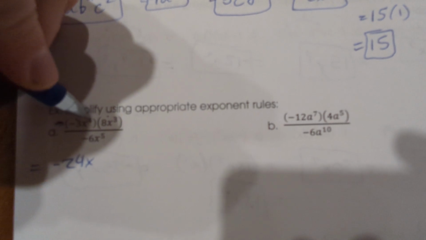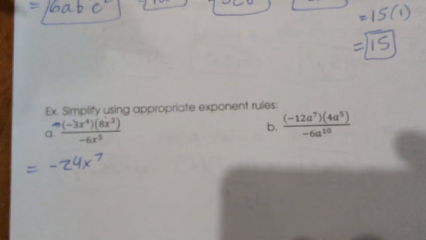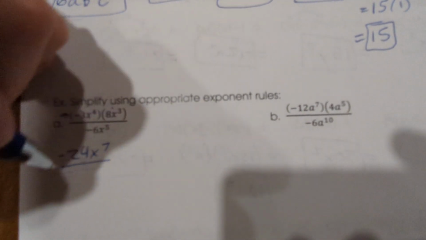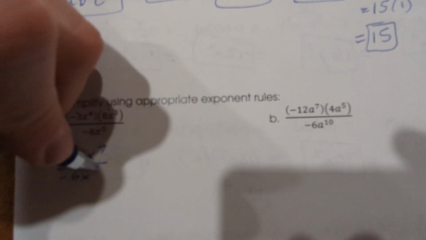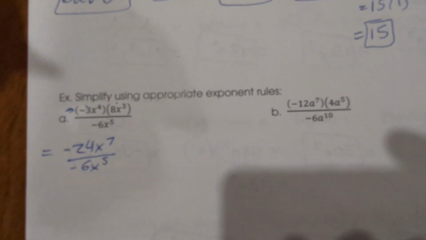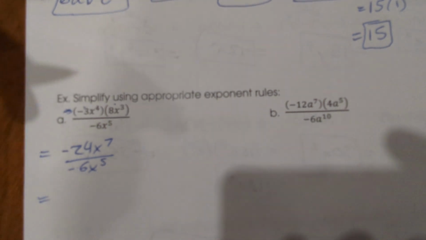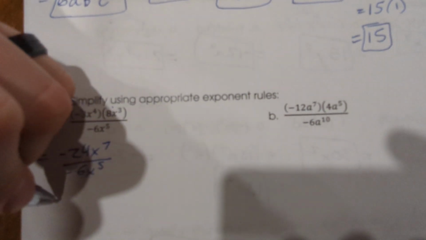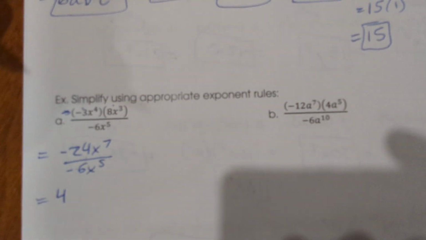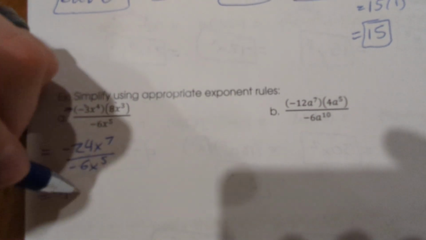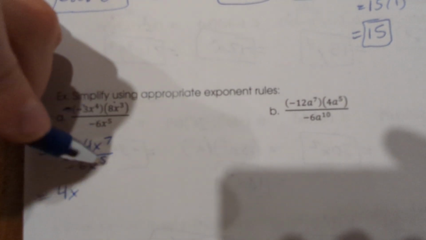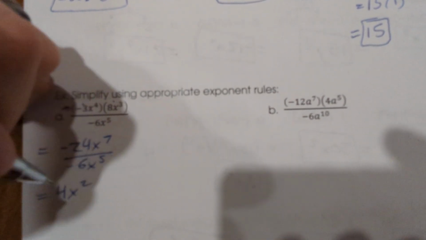We add exponents, so 4 plus 3 is 7. And this is still being divided by negative 6x to the 5. Dividing the number out front, negative 24 divided by negative 6 is just positive 4. And then we have an x. 7 minus 5 is 2.